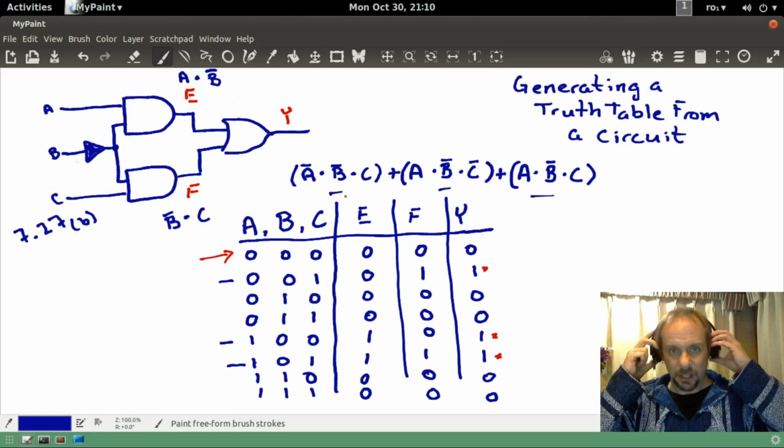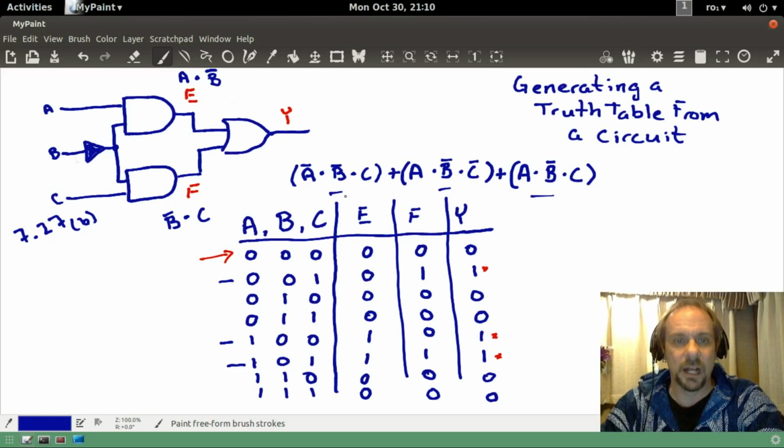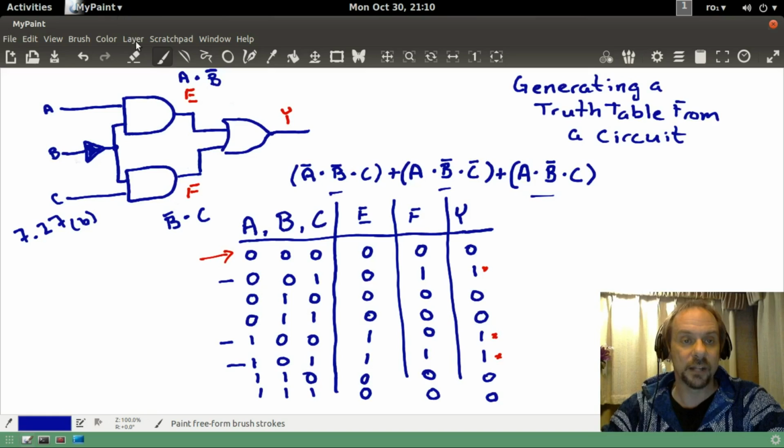You don't have to actually utilize the E, F moment. You can simply utilize the final formula for the output.